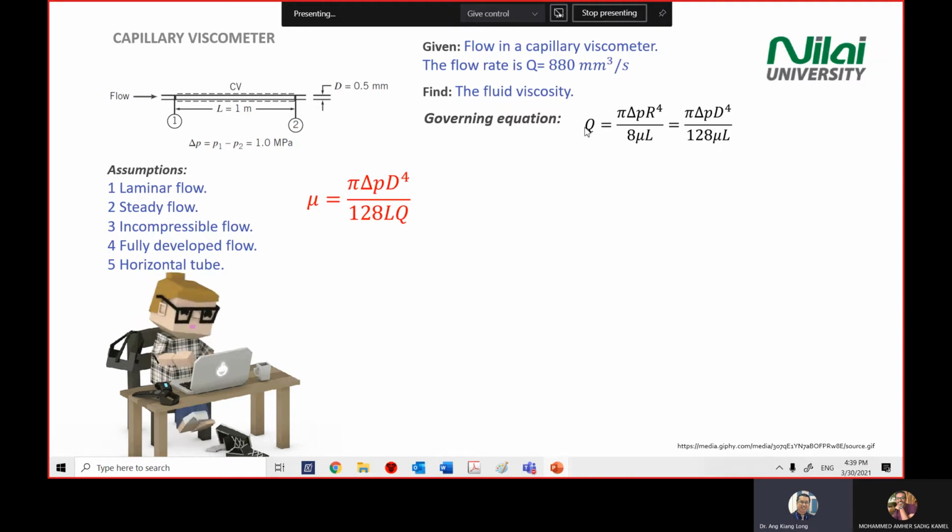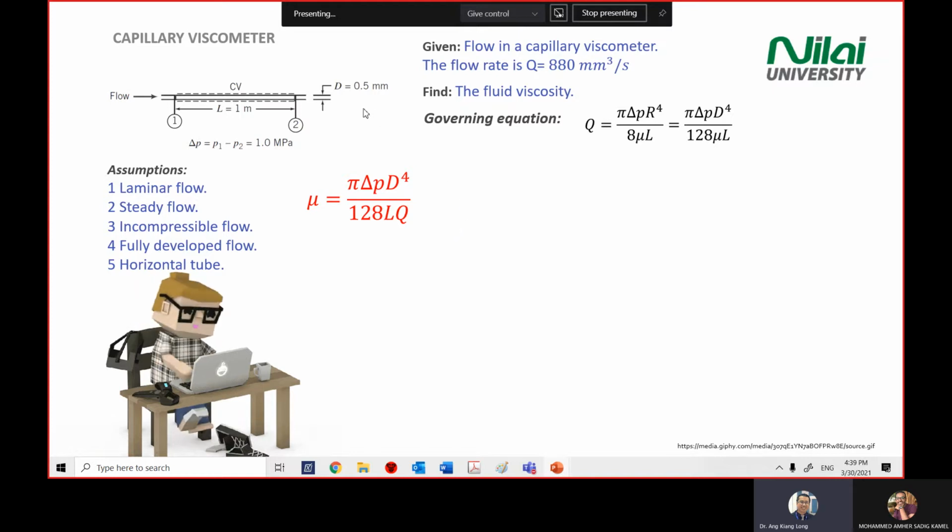You rewrite the Q equation in terms of viscosity mu, our dynamic viscosity: mu equal to pi delta P d to the power 4 divided by 128 L Q. Then the rest is just substitution.